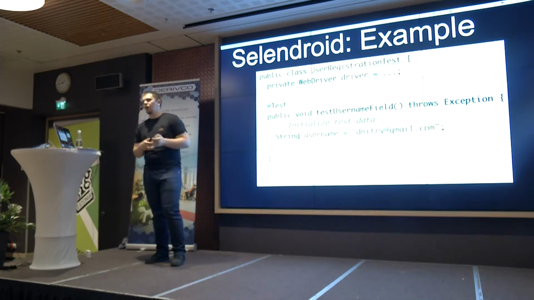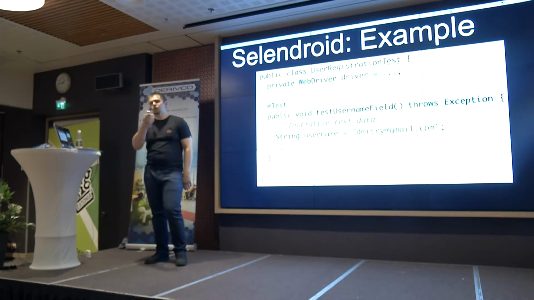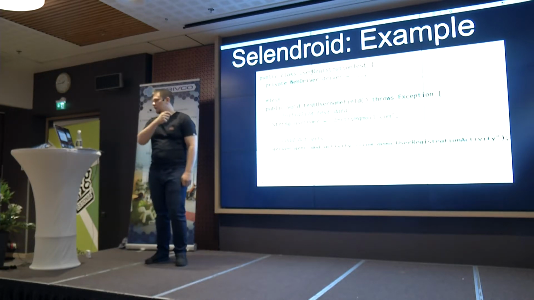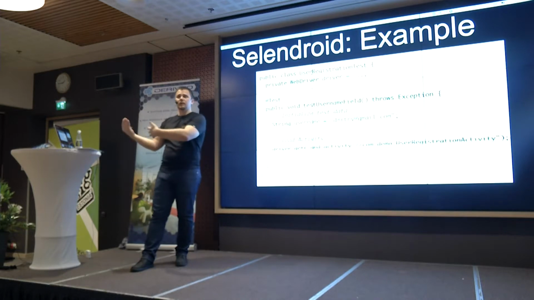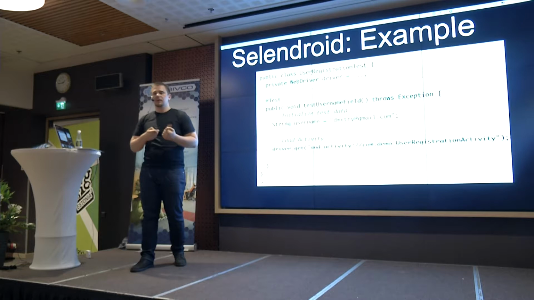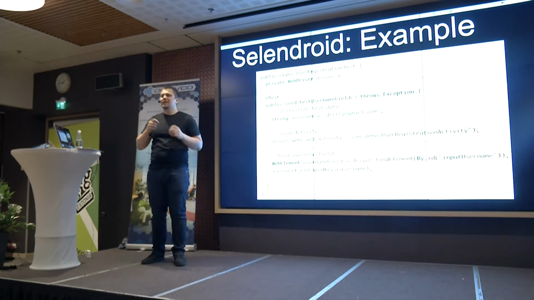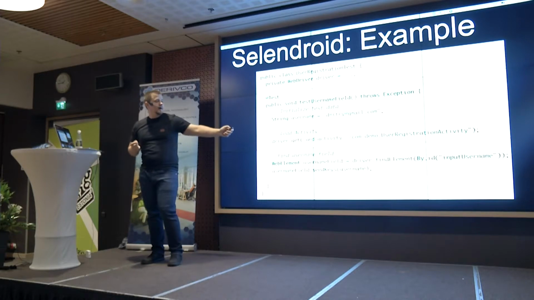So here, I obviously set up the use case and the data. My username would be Dmitry@gmail.com. Then what I would do is similar to how I would act in a web application context. I would get to my activity the same way I would get to the URL in the web app context. Then, again with the same API, I would do find element by ID.